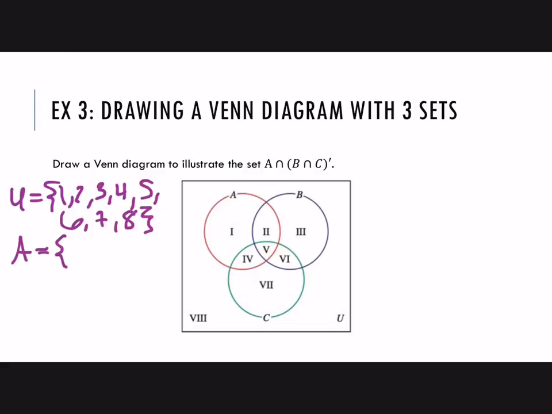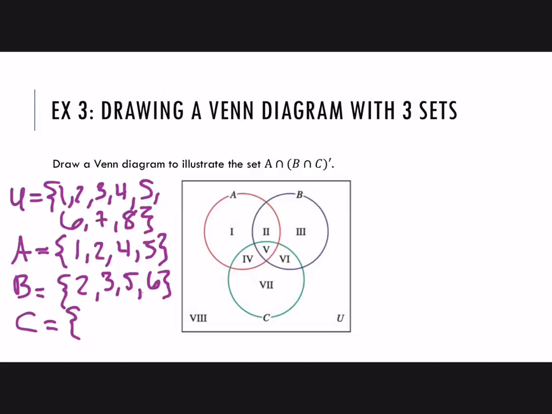A is made up of 1, 2, 4, and 5. B is 2, 3, 5, and 6. And C is 4, 5, 6, and 7. And then we have that 8th region that's not in any of those 3 sets.